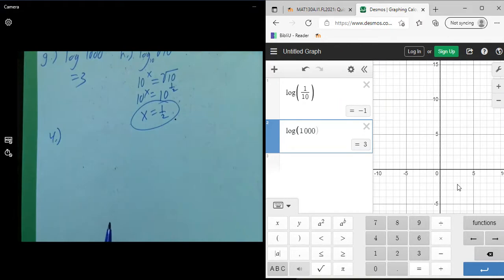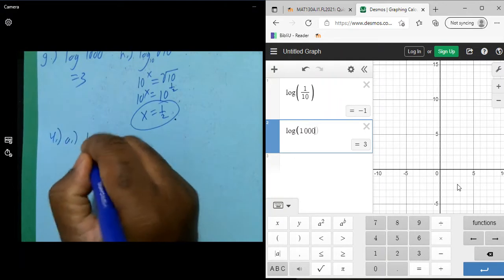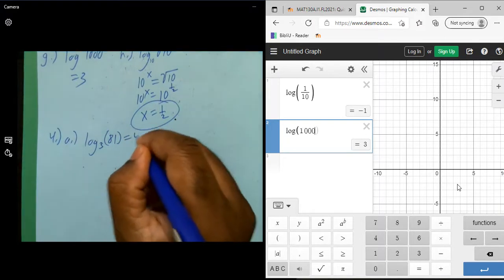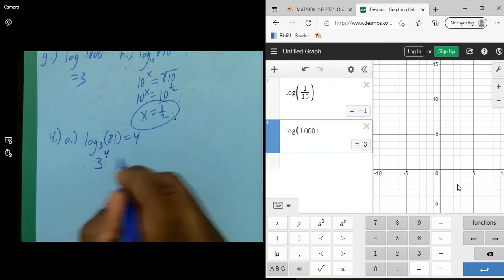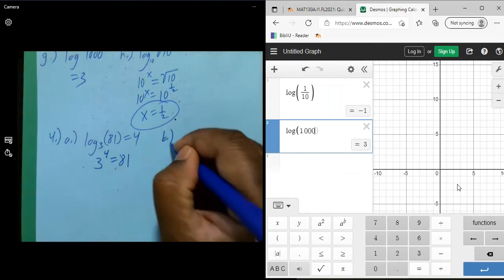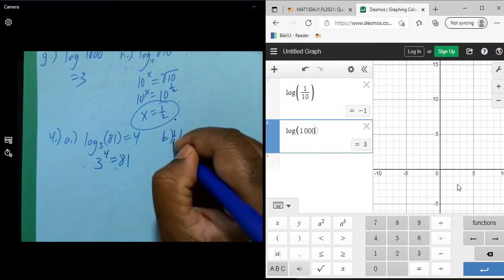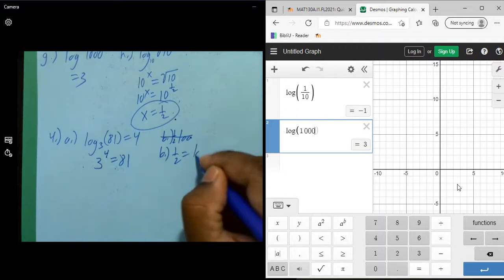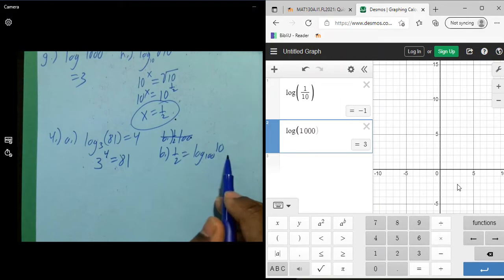Number 4, it says rewrite the following equations in exponential form. So for A, we have log base 3 of 81 is equal to 4. So remember, it's base 3 to the 4 is equal to 81. Okay, B, we have 1/2 is equal to log base 100 with the argument of 10.